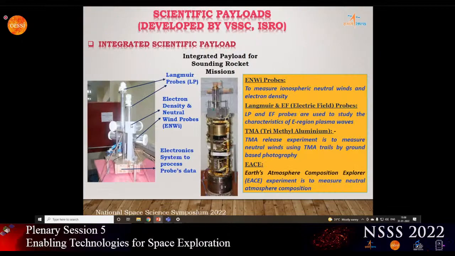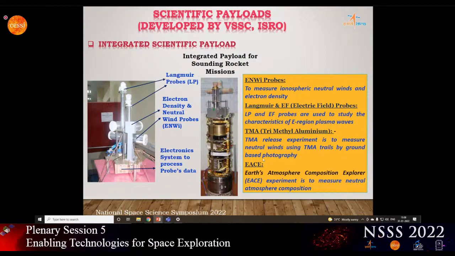This is a typical pictorial view. On the left side you can see how scientific payloads can be integrated, including the LP and NB probes from the recent mission we carried out with the help of our SPL team and VSSC, with suitably processed electronics.